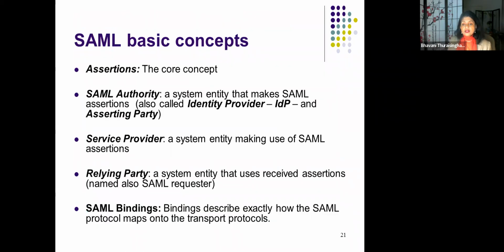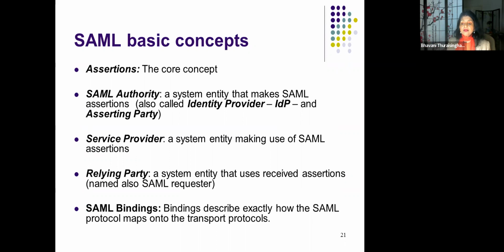Okay, so some basic concepts for SAML, and later in a picture I'll show you, and then we'll come back to this. Assertions are the core concept. SAML authority, a system entity that makes SAML assertions. It's also called an identity provider, and that's the asserting party.